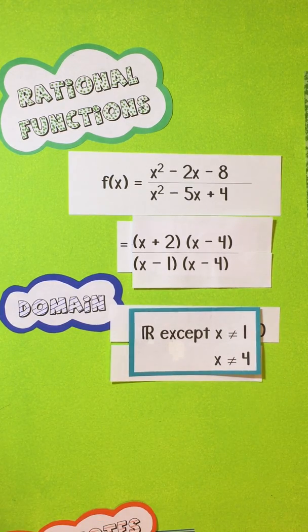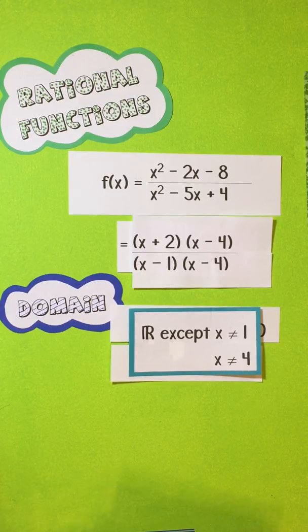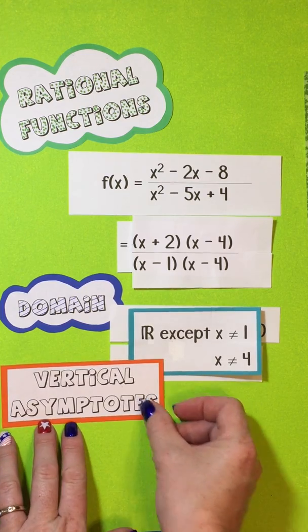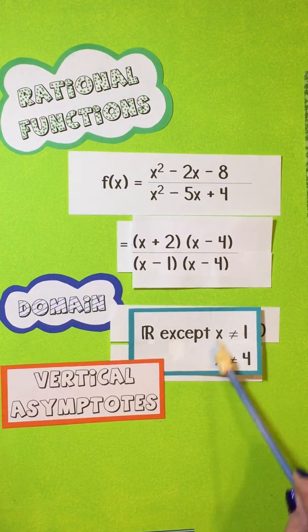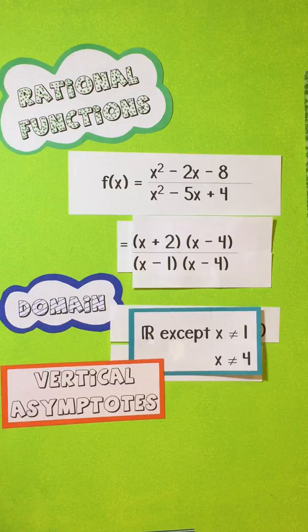So there's our domain. Now I told you that the domain and the vertical asymptote are very closely related. Very closely. The vertical asymptote is actually related to what is getting kicked out. What we will do is take our fraction and simplify it. In order to simplify this, we need to cancel off what is common in the numerator and the denominator.